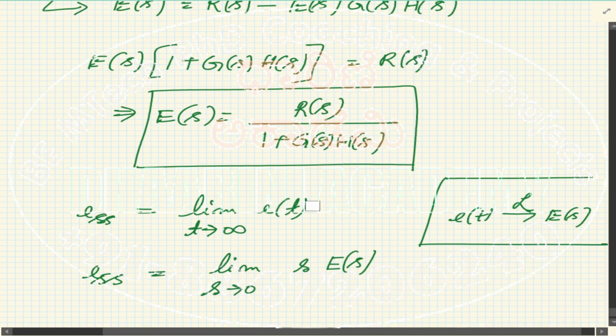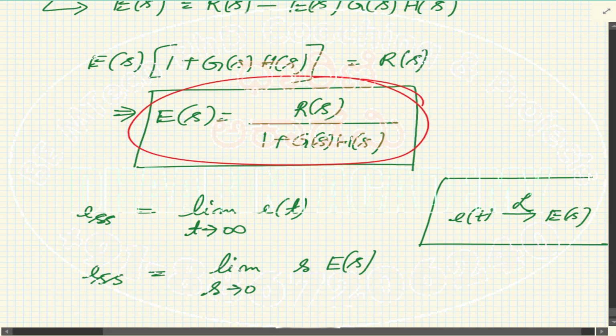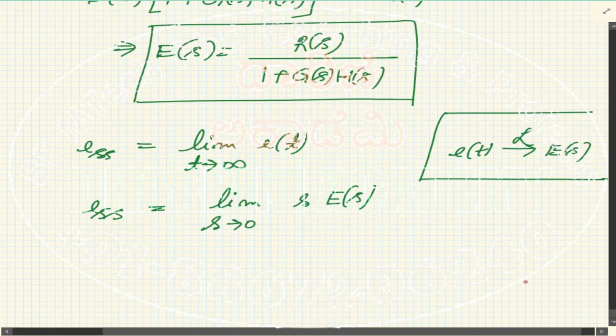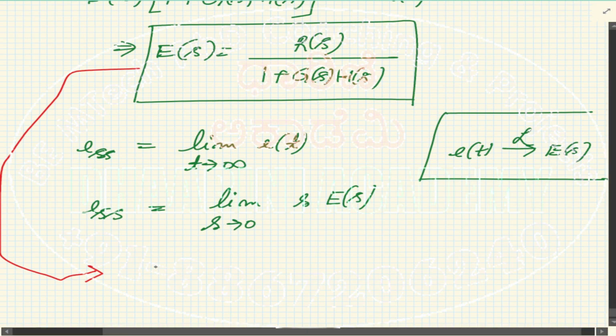So for E of t, its Laplace is E of s. Now, without calculating E of t, how to calculate E of s? We know that, it's already written here. I can substitute this over here. Therefore the equation for ESS, in terms of the block diagram representation, where we know different components like forward path, reverse path, or the feedback gain, we can directly write this.